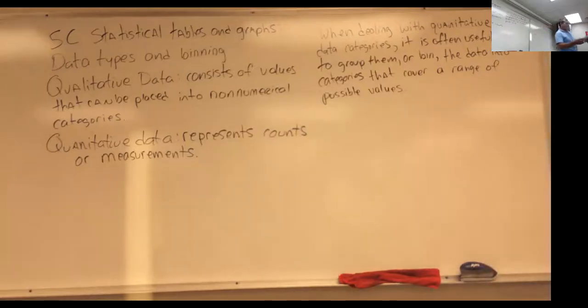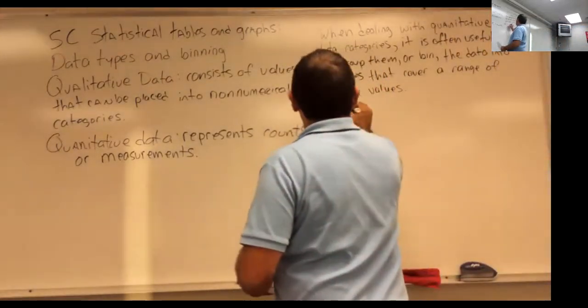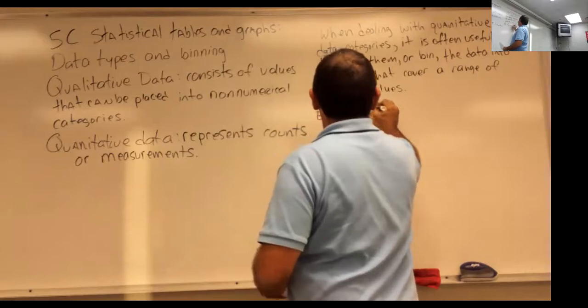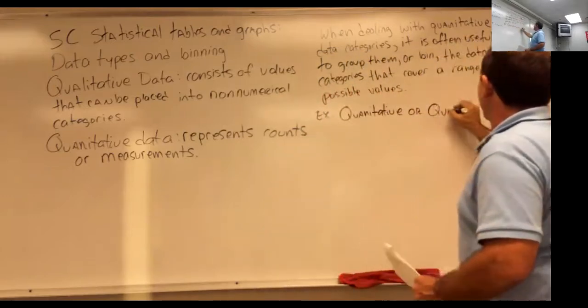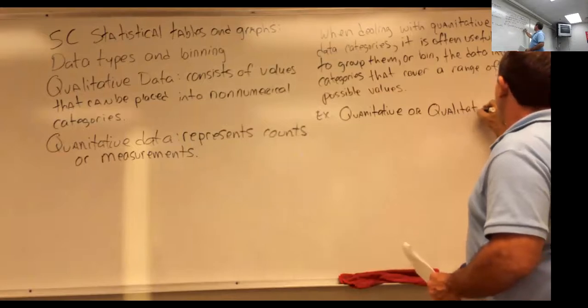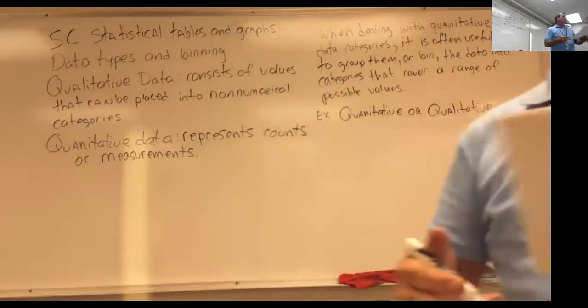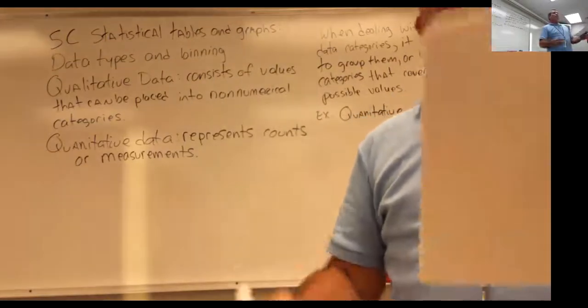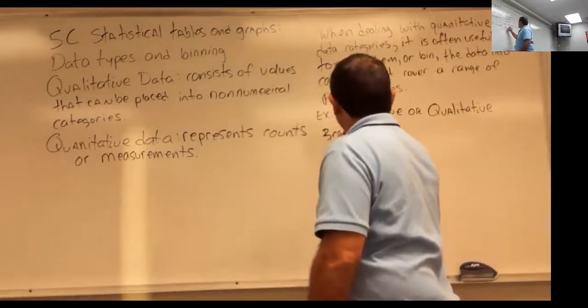So I'm going to show y'all some examples and we'll figure out if they want to be quantitative or qualitative. So I sort of gave y'all this one, but brand names of shoes in a consumer survey.